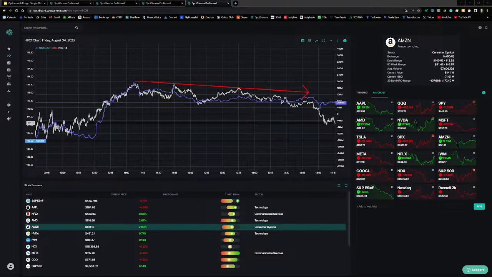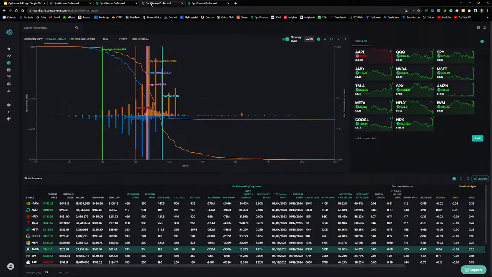And one other thing to keep in mind: Amazon does not have that much gamma expiring today. That was mainly Nvidia, AMD, Netflix, and Tesla.